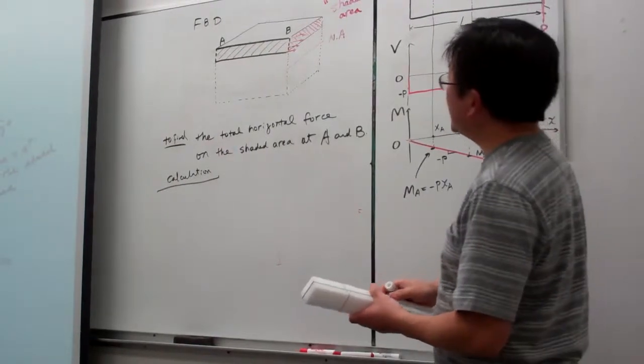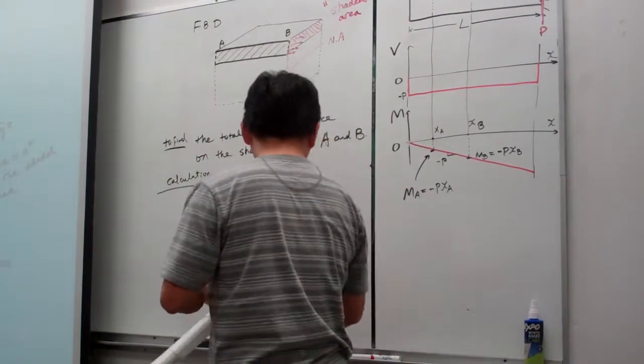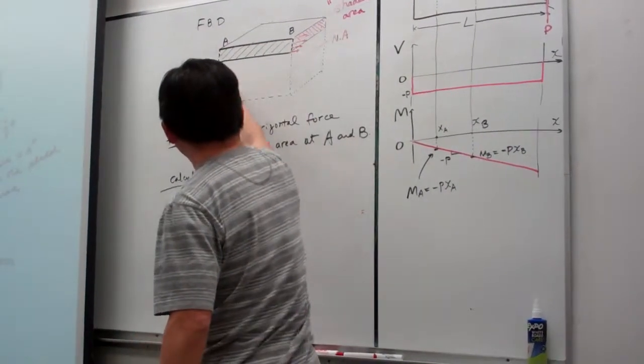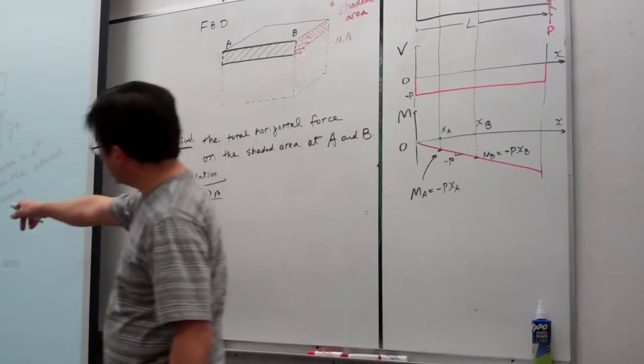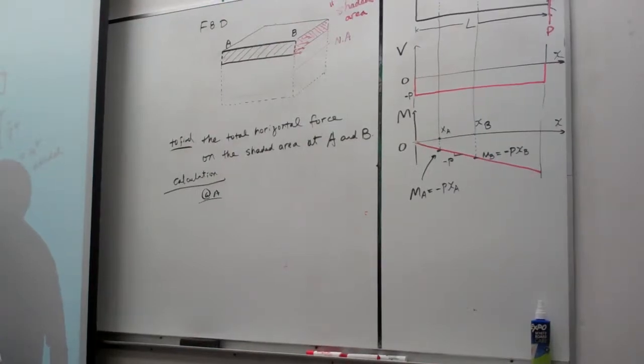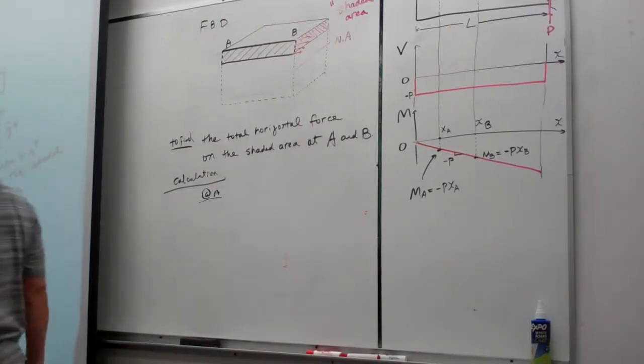The reason why is this. At point A, corresponding to here, we plug into our formula. The formula magnitude is M divided by I times y bar star A star.